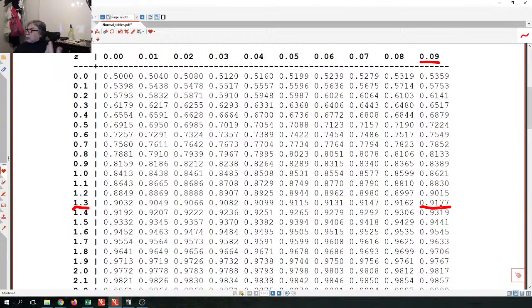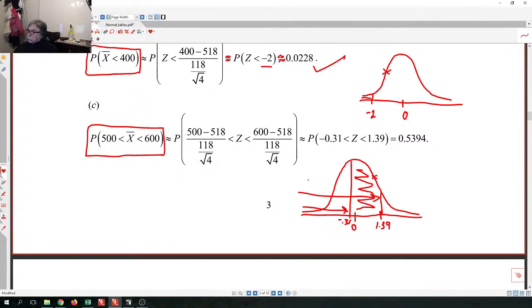I already have that from before: 0.9177. Okay. The area, not the length of the arrow. I'm talking about the area of the tail, but I'm going to write outside.